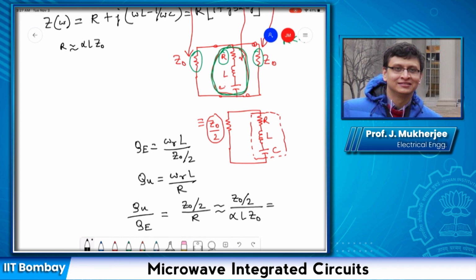So this becomes equal to 1 upon 2 alpha L. So this is the ratio of QU upon QE.